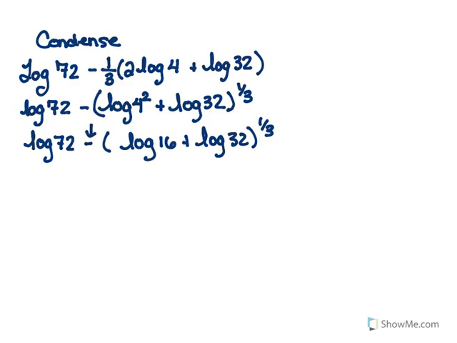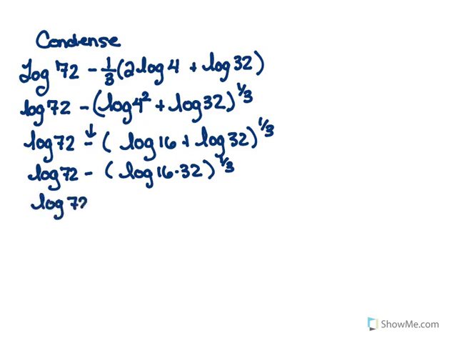So this is log 72 minus log 16 times 32, bringing that to the 1/3. 16 times 32 is 512, so that is log 72 minus the log of 512 brought to the 1/3 power.